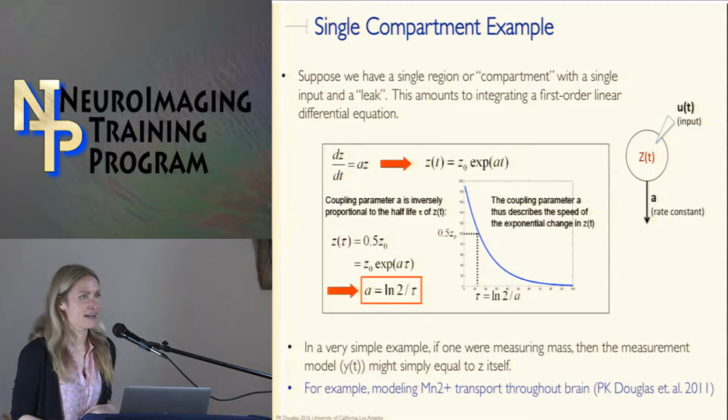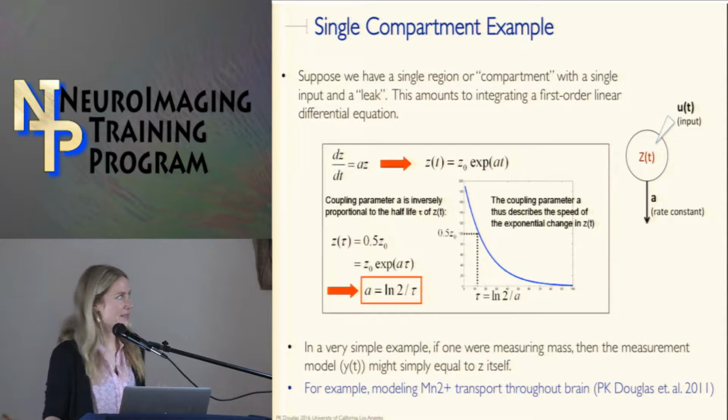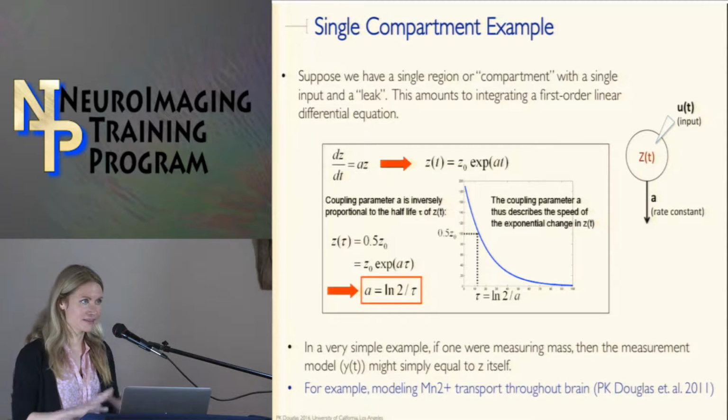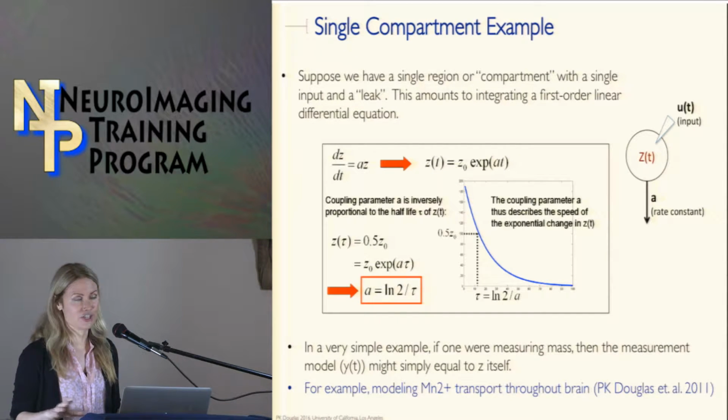This is something that comes out quite easily, and you can very easily estimate the parameters that describe the exponential decay. Sometimes, if you don't have measurement in all of the compartments, which we do in fMRI and EEG, but sometimes you don't, it becomes very difficult to estimate all of the parameters, and sometimes you can't.